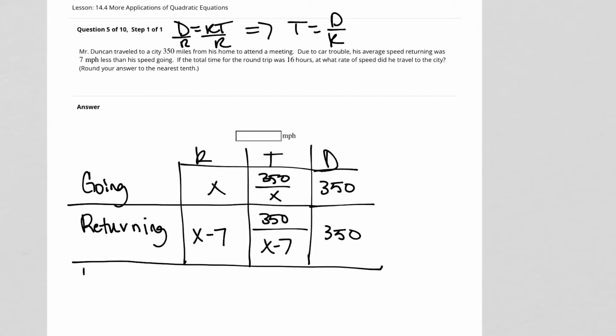And I do know that I have a total here of 16 hours. That means the equation that I'm going to solve is 16 equals 350 over x plus 350 over x minus 7.